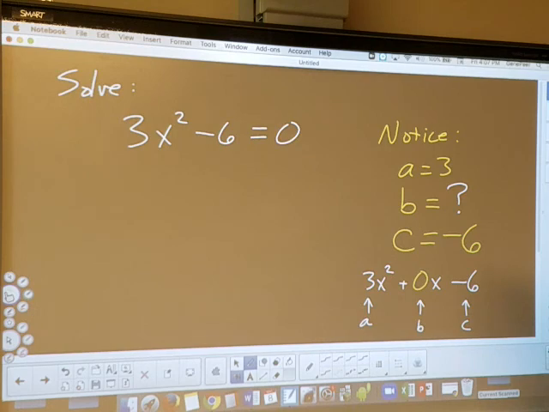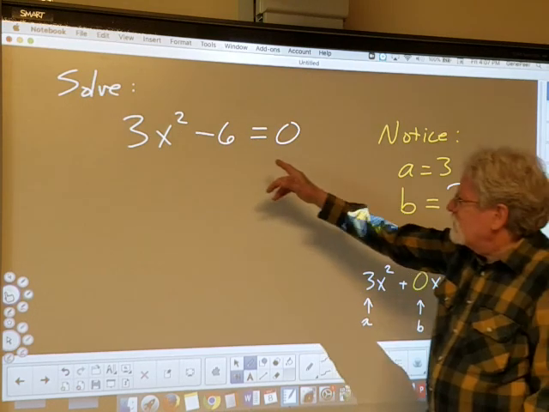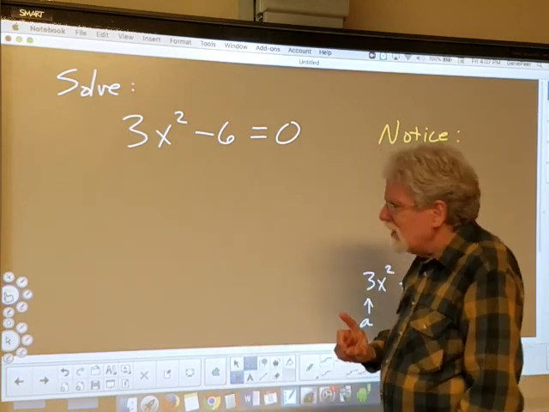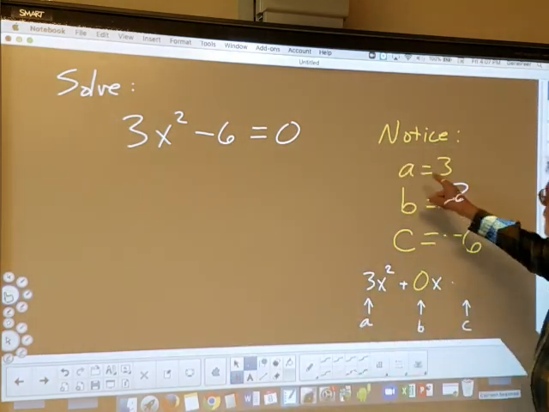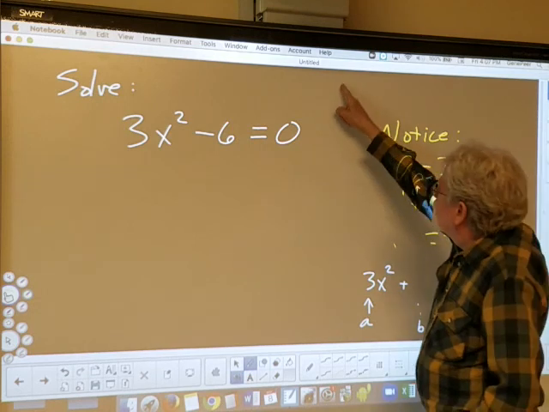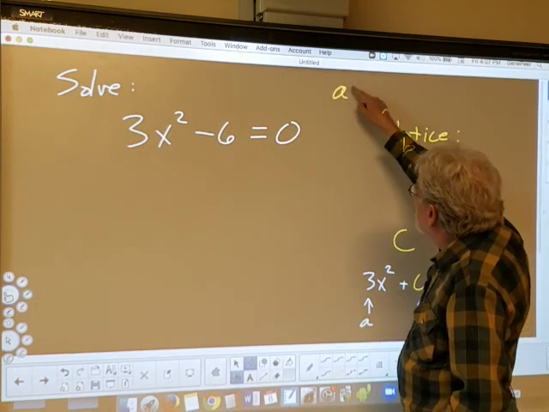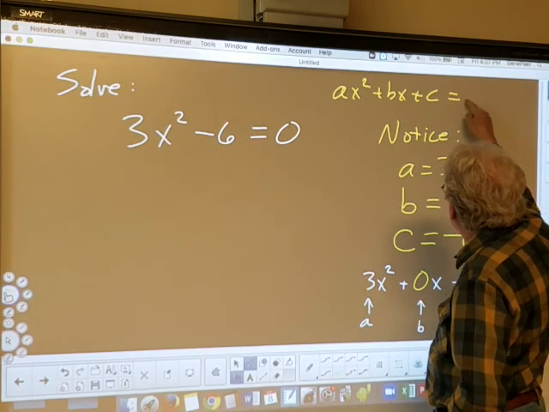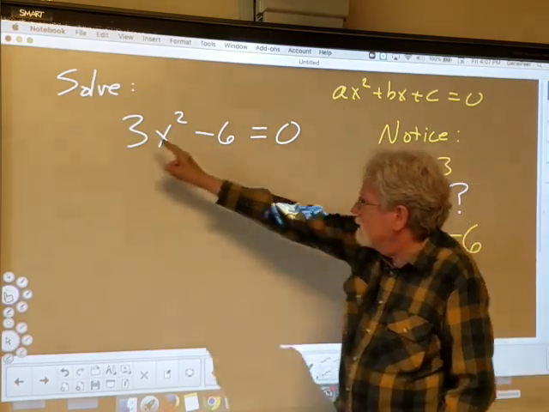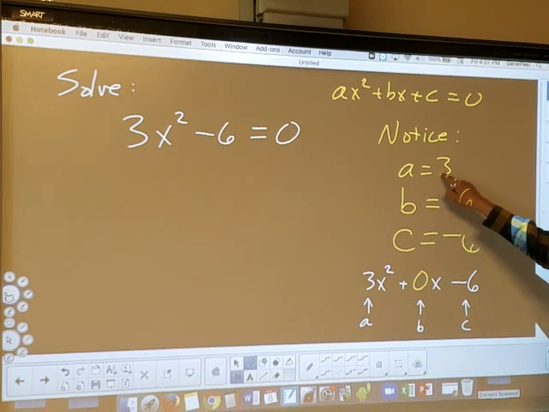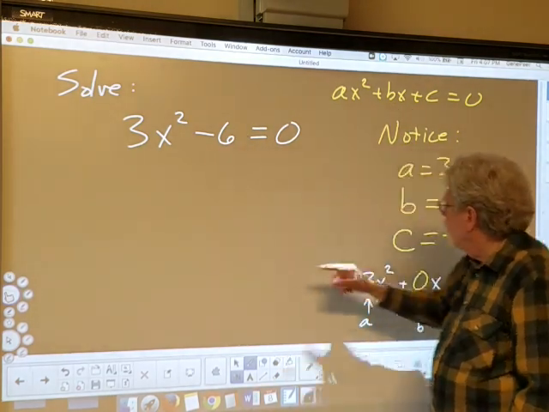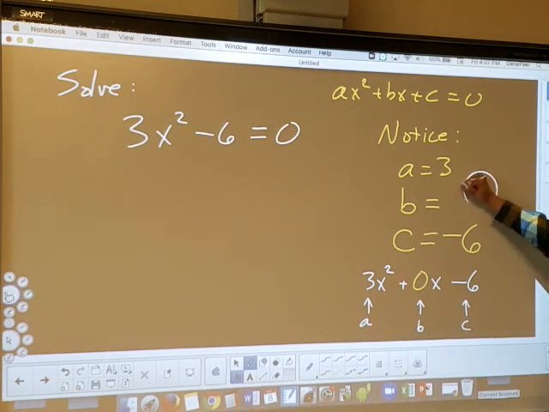That brings us to this example. In this case, we could factor it, but there is an easier way. Notice that in the general form, or the standard form of ax squared plus bx plus c equals 0, what is a? A is 3. B, there's no x value in here. That's because b is, here it comes, 0.